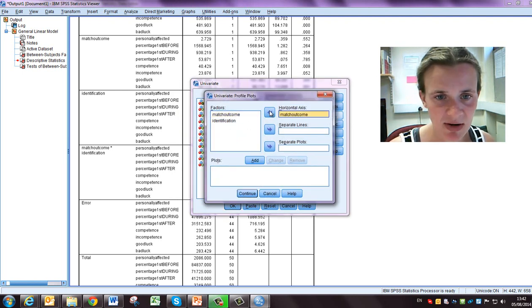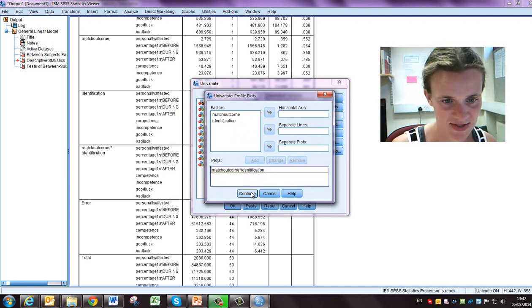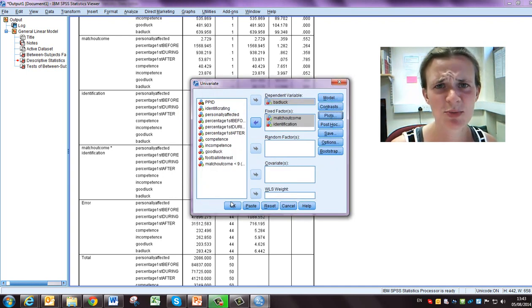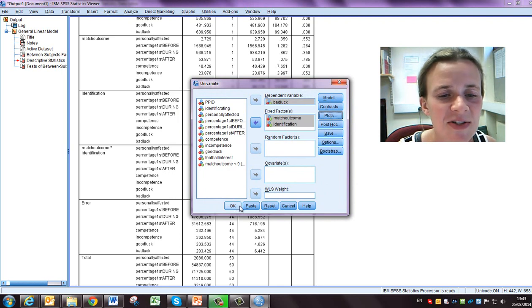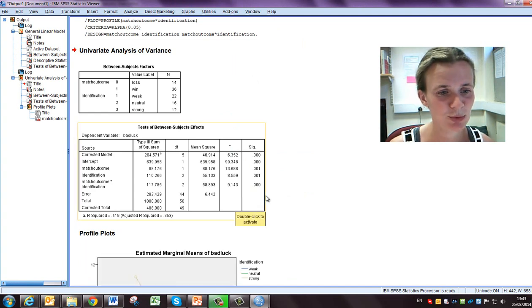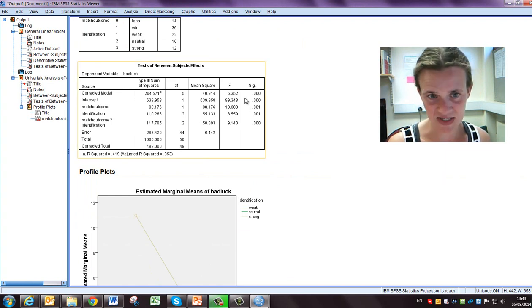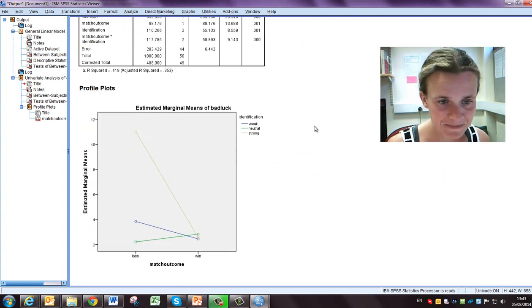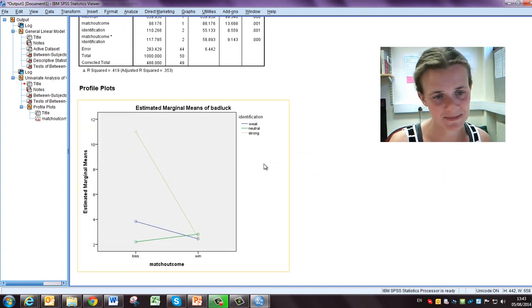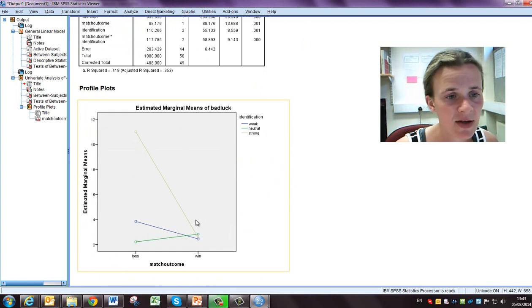It doesn't matter which way around you put this. I love plots, very exciting. I always put them on Facebook, really sad. So you click OK. So you get the same things that you got in the table above. So here we have it. I hope that's visible enough.